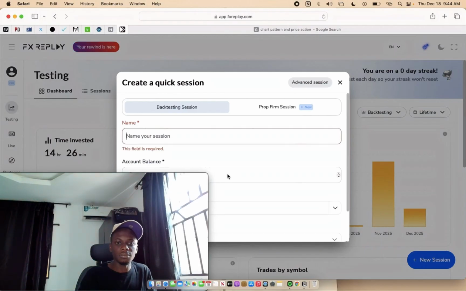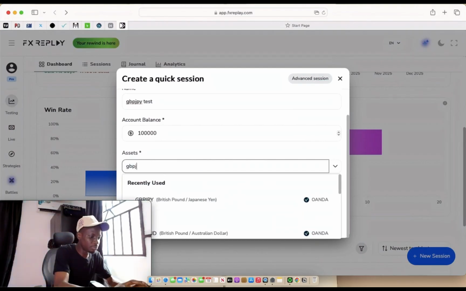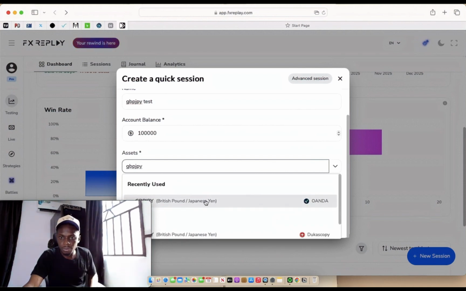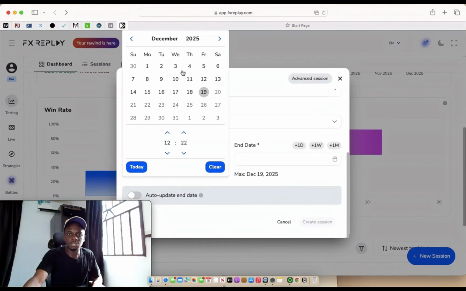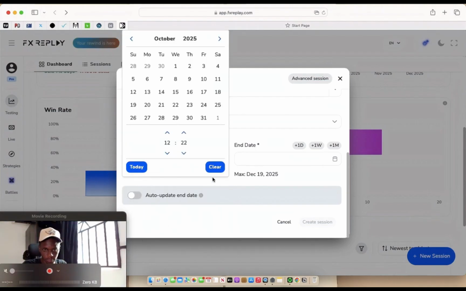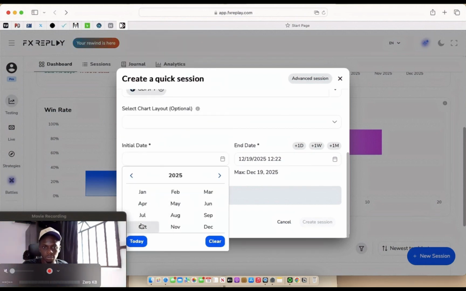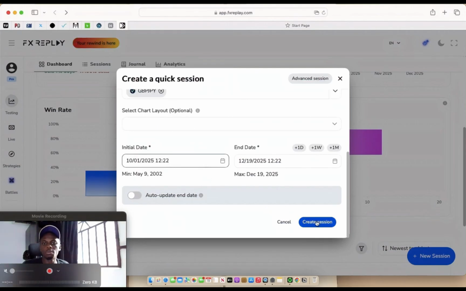Let's do GBP. The initial date, let's do October.